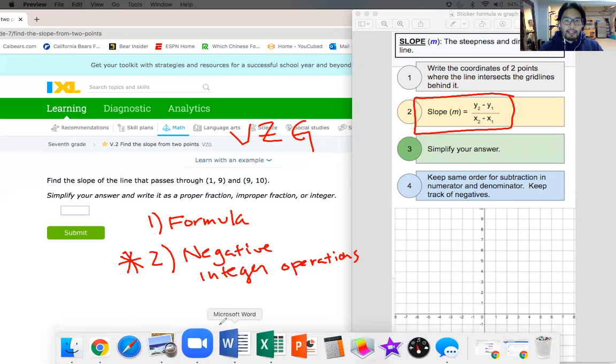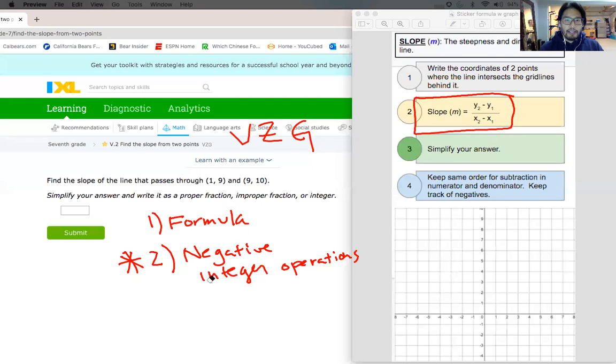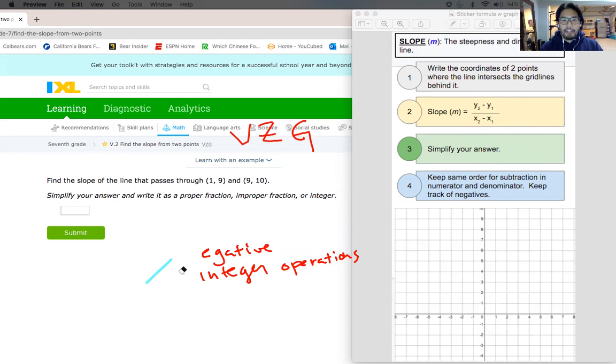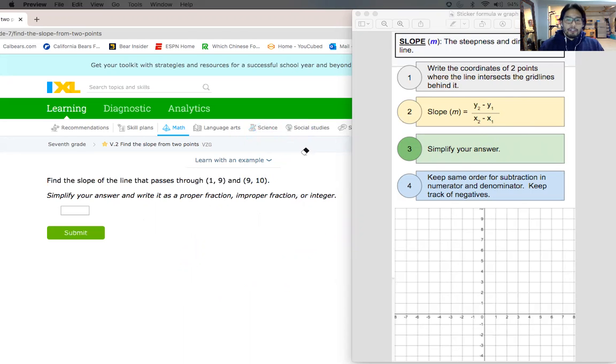All right, so that is my opening thing about working on VZG, finding slope on 2 points. One, we're going to be using this formula all day long. Two, keep in mind that we're going to be doing a lot of negative integer operations. And if that is a place that you need some help on, we're going to see it a lot, so be aware of it.